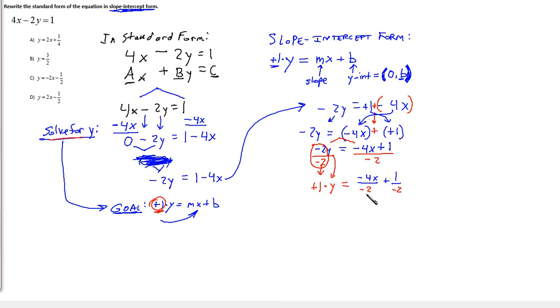But what this gets us is we're getting closer and closer to a number times x plus a constant, because dividing by negative 2 doesn't get us there. We have to continue and break these apart, so it looks like an x term plus a constant. Splitting these up into two fractions gets us a little closer. So here's the idea.